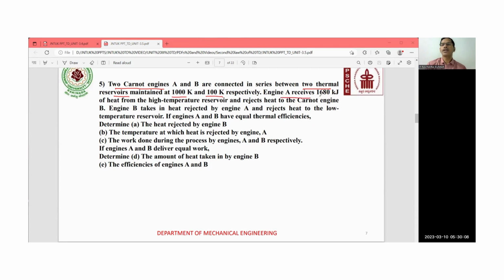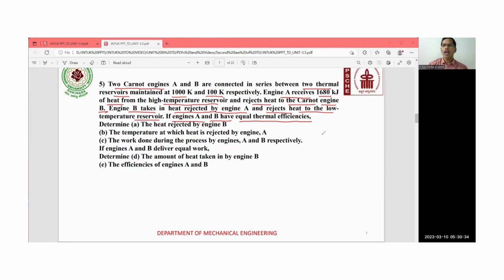Engine A receives 1680 kilojoules of heat from the high temperature reservoir and rejects heat to the Carnot engine B. Engine B takes in heat rejected by engine A and rejects heat to the low temperature reservoir. If engines A and B have equal thermal efficiencies, then determine the heat rejected by this particular side.